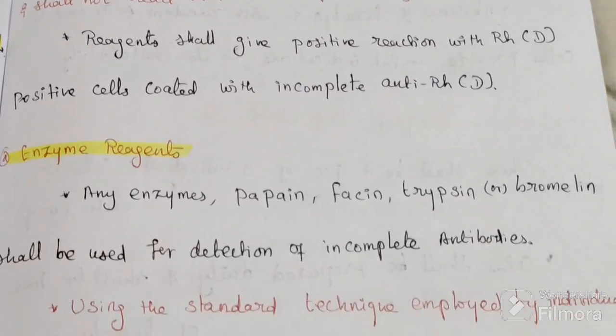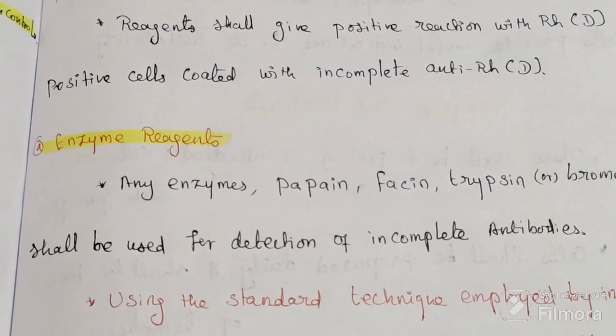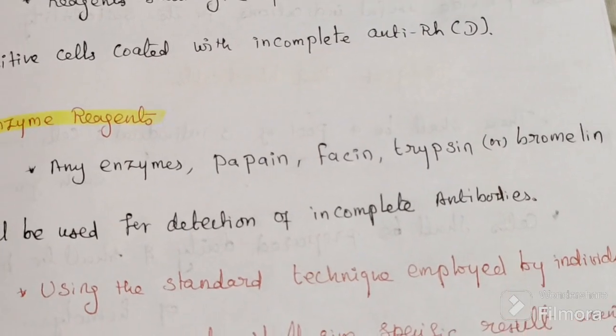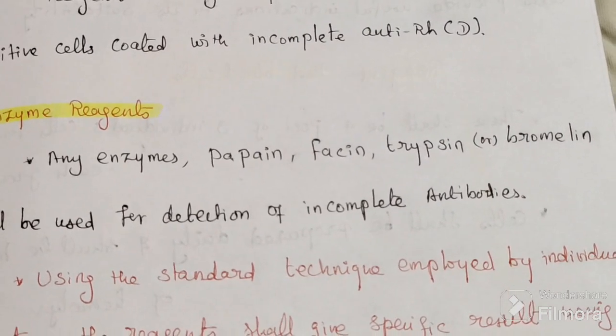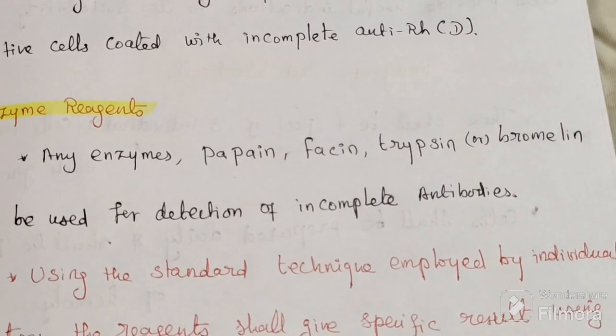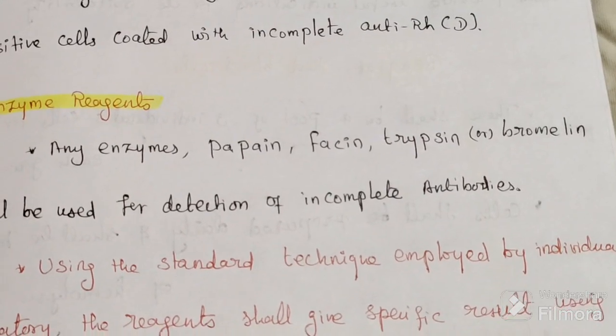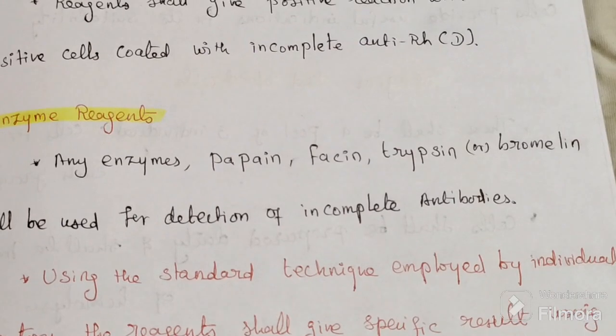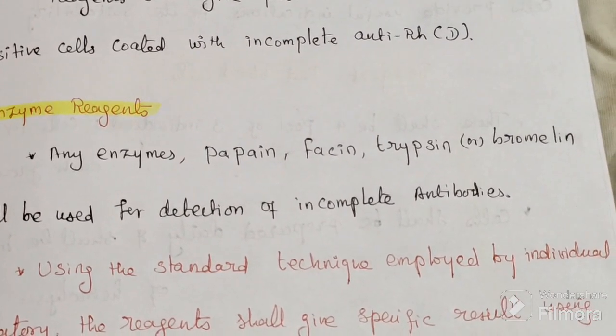Next, enzyme reagent. These are the enzymes used in blood bank for detection of incomplete antibodies, and enzymes shall be liquefied and stored in frozen state.